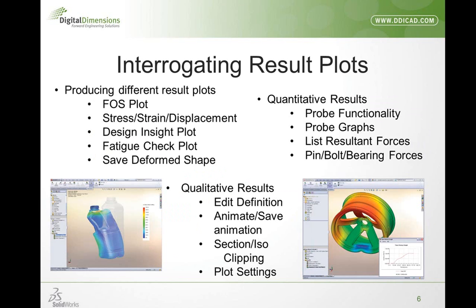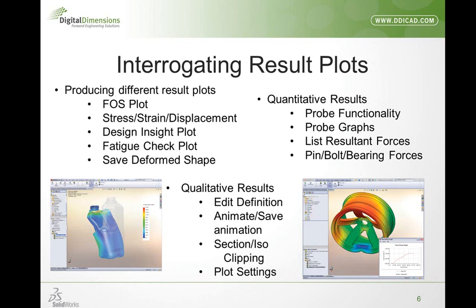We have a slew of different ways of looking at our results. We break this down into three categories. First is producing the different types of result plots. You see that we have factor of safety plots, stress, strain and displacement plots, design insight plots, and check plots. You can also save your deformed shapes.